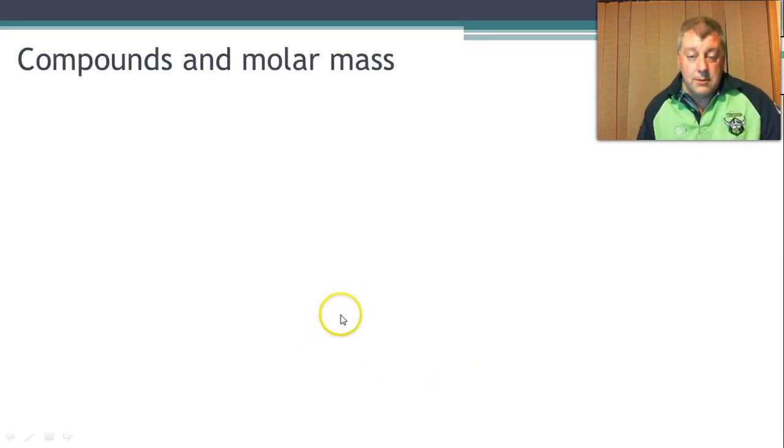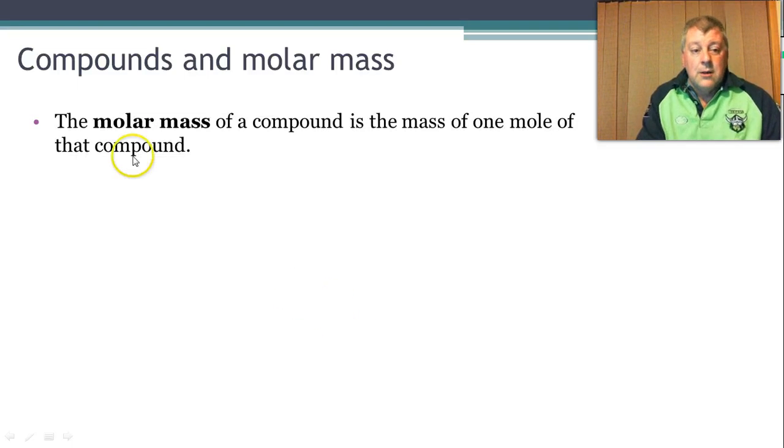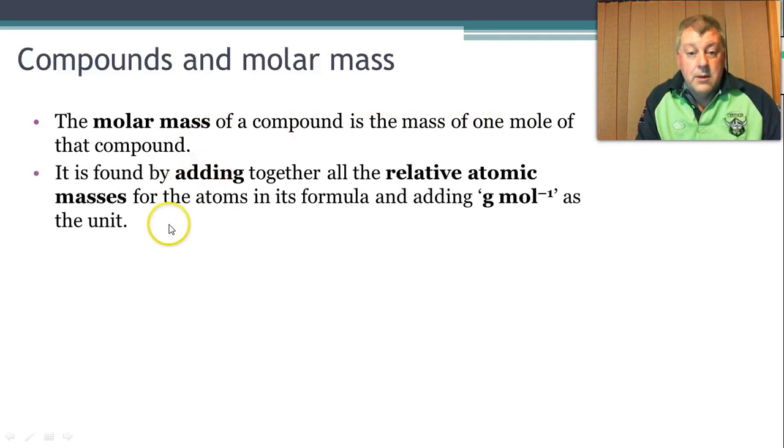So what about compounds and molar masses? How do you do that? The molar mass of a compound is the mass of 1 mole of that compound. So it is found by adding together all the relative atomic masses of the atoms in its formula and adding grams per mole as the unit.